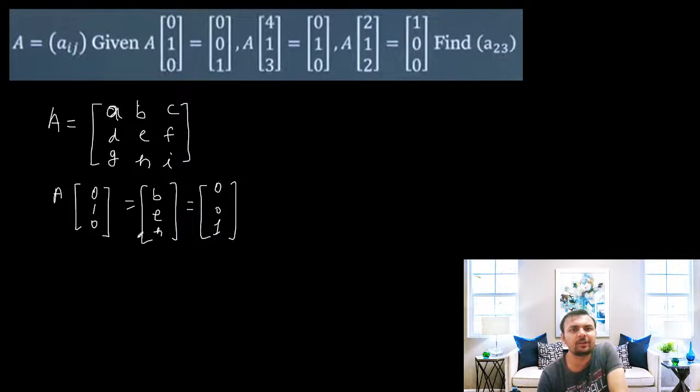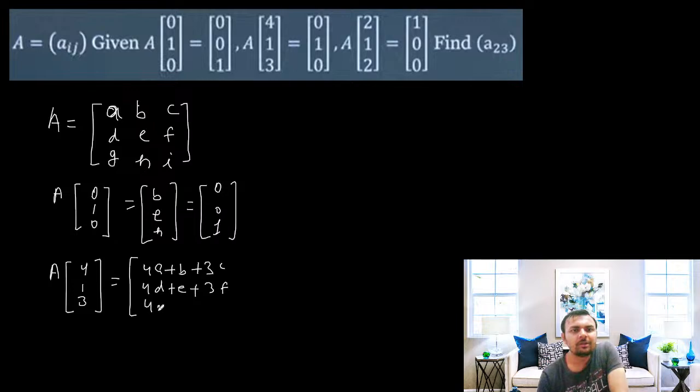So I think we got the value. Second, we are given 4 1 3. So if you multiply with this, it is nothing but 4A plus B plus 3C, 4D plus E plus 3F, 4G plus H plus 3I. This is equal to 0, 1, 0.